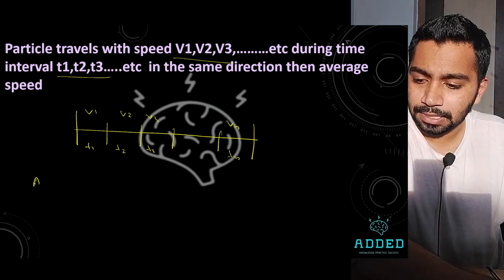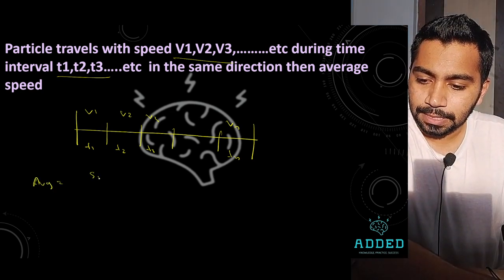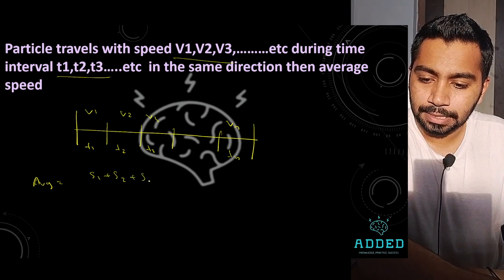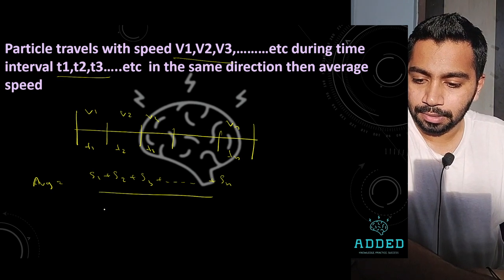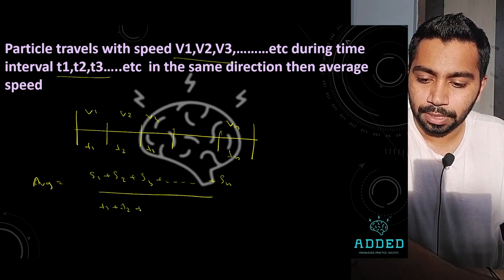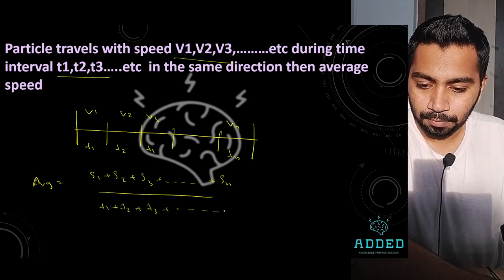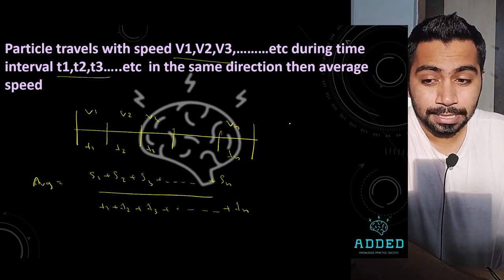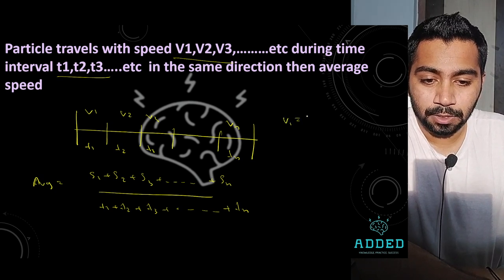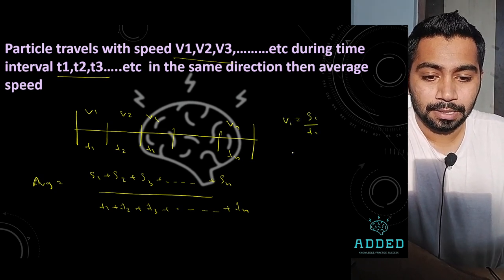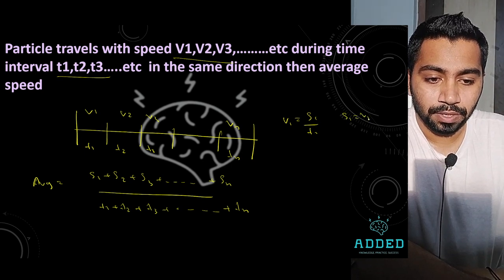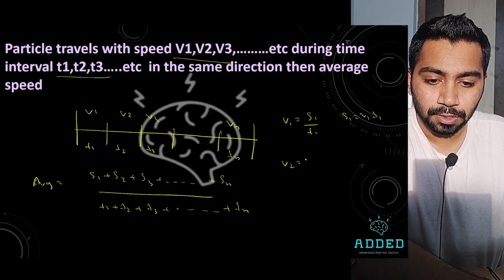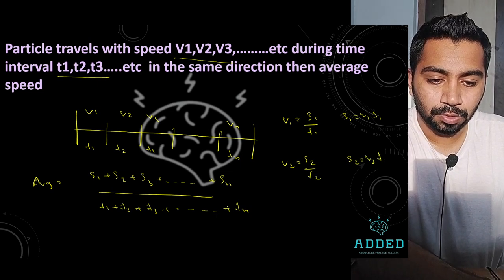We know average velocity is equal to s1 plus s2 plus s3 up to sn, divided by t1 plus t2 plus t3 up to tn. Now they have not mentioned anything about s, so can I write it like this? v1 is equal to s1 by t1, then s1 is equal to v1 t1. v2 is equal to s2 by t2, then s2 is equal to v2 t2.